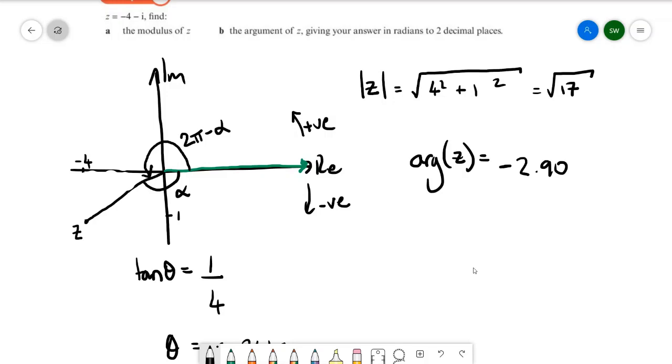That would be fine, and that would be a positive angle, but that wouldn't be the principal argument. So this would not be the principal argument. So most of the time, if the question doesn't say otherwise, we're going to use the principal argument.